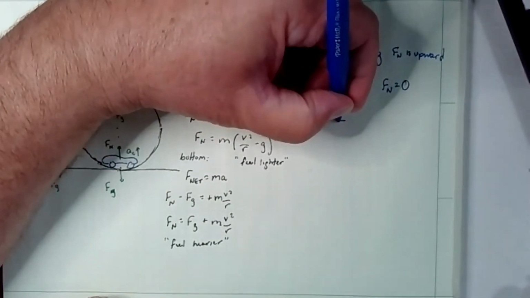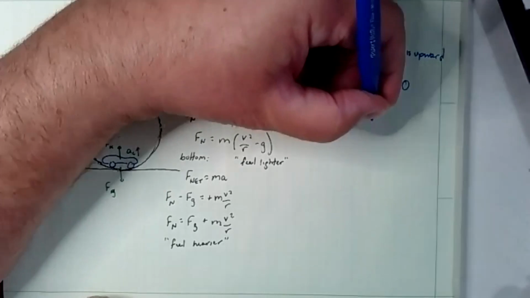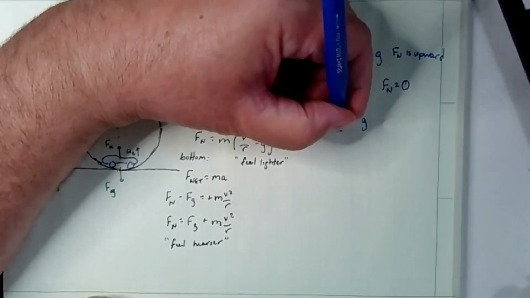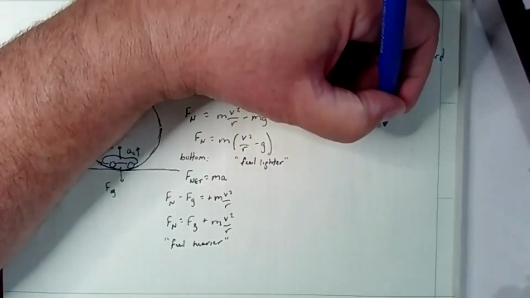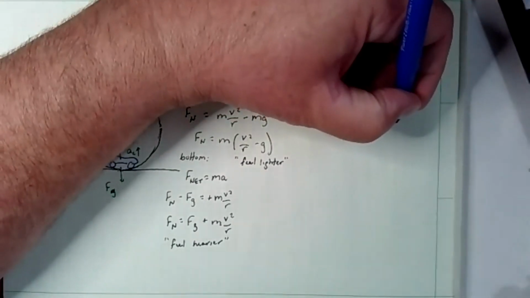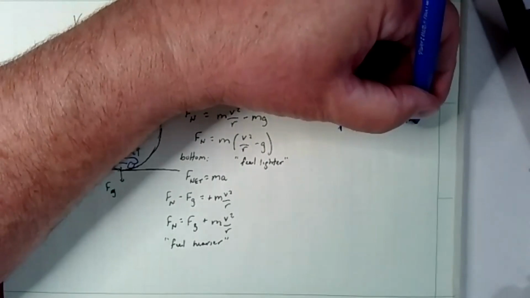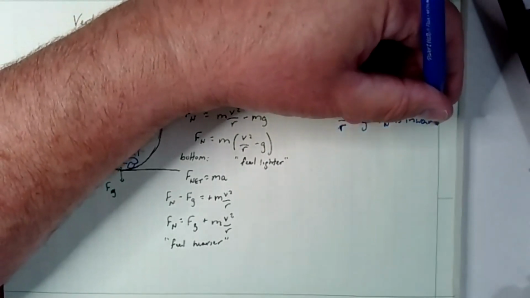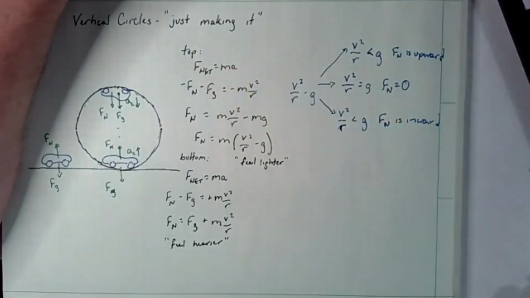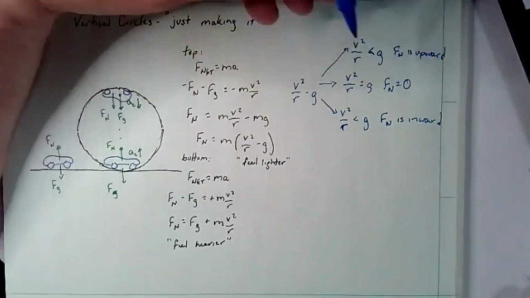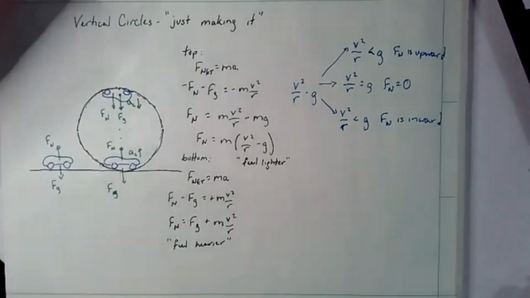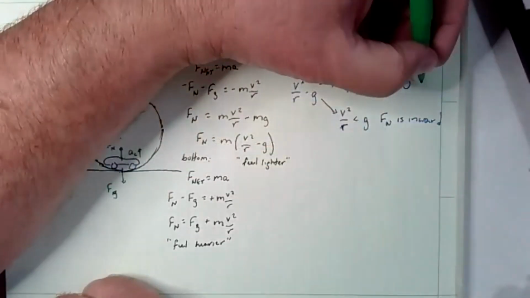And if v squared over r is less than g, then the normal force is inward. The case where the net force is equal to 0, we often see this show up. This is the quote, just making it.